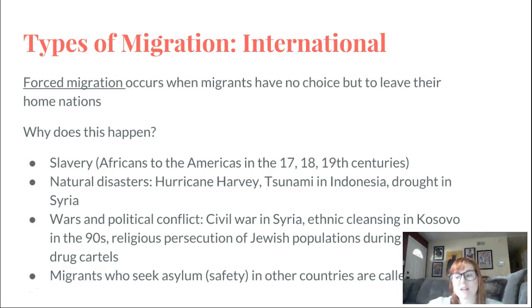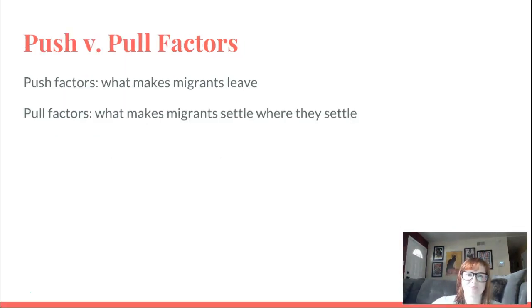So it can be a process. Lots of refugees spend a lot of time in limbo where they're not settled in a new country. They are staying in refugee camps. We're going to watch a video on Syrian migrants in class in a couple of days, and that will give you lots of good examples as well.